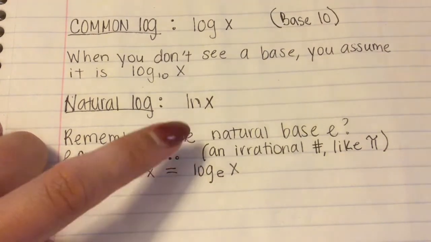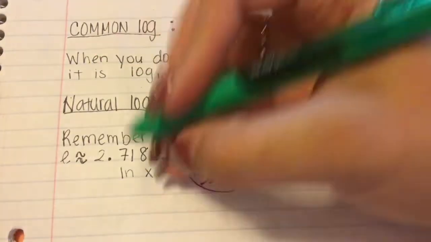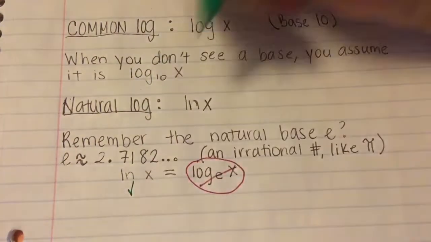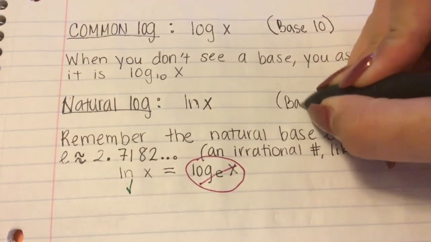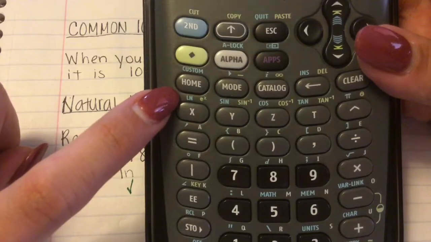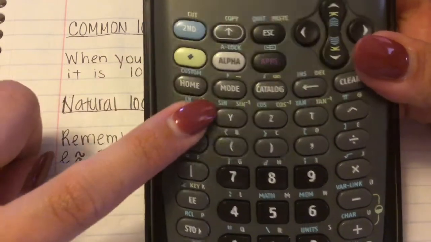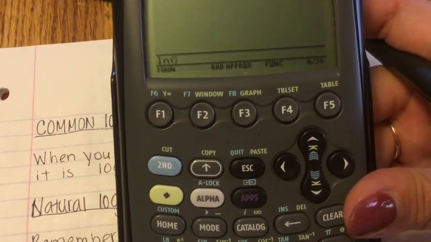But this is not the right way to write it. This right here is the correct way to write it. When you see natural log of x, you assume that it is base e. You also have this button on your calculator, ln. If I hit second and then that x button there, I should see natural log on my calculator.